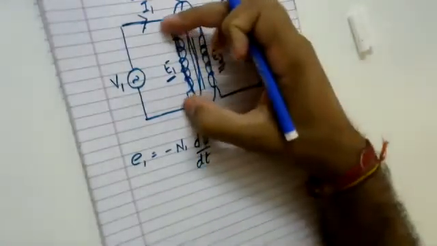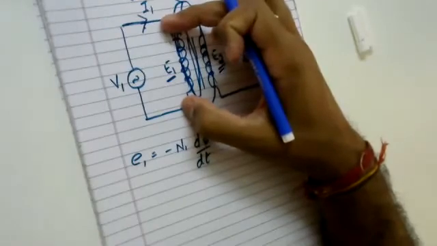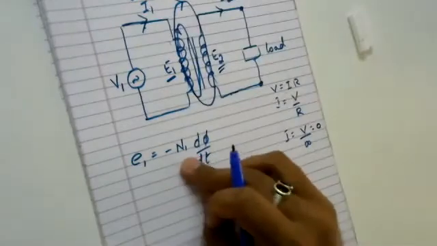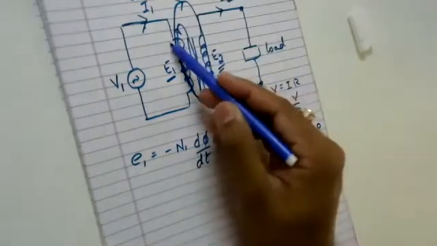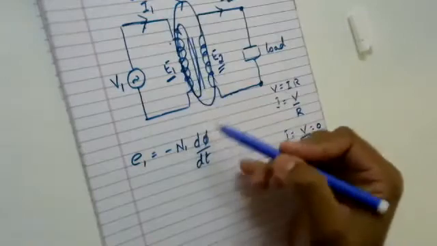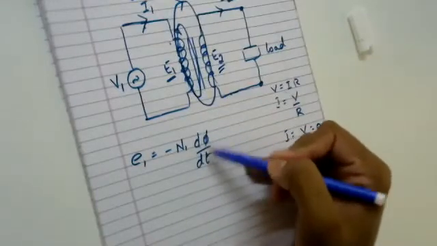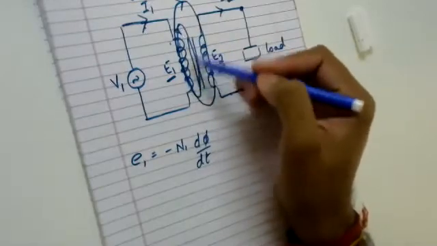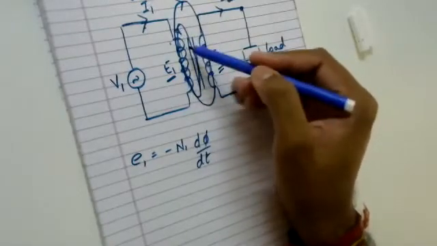The EMF induced across a coil, the primary winding, is given by minus N1, where N1 is the number of turns on the primary, into d phi by dt, which is the rate of change of flux linkage with the coil.